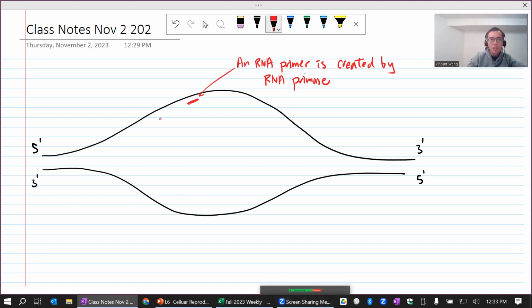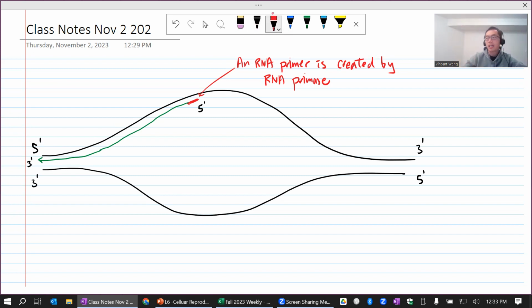But once you do a few nucleotides, then polymerase 3 can continue on, and it will grow all the way to the end. Now, if this is 5' to 3' on the other end, on the new strand, it's going to be 5' here and 3' here.